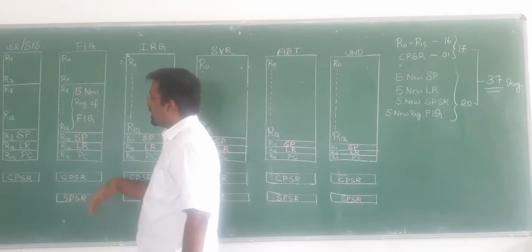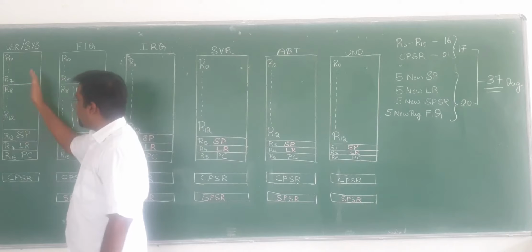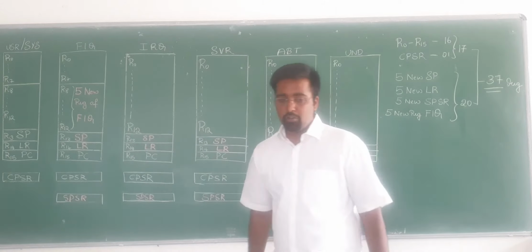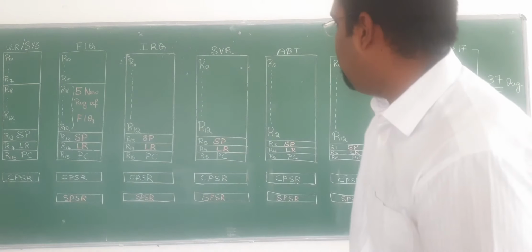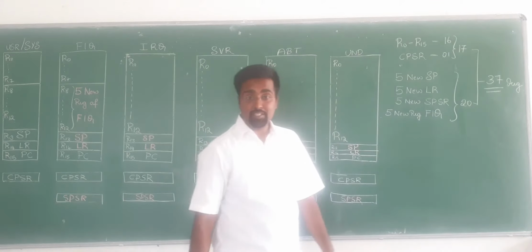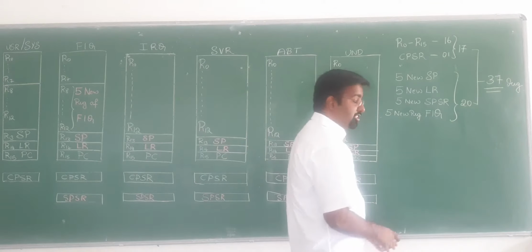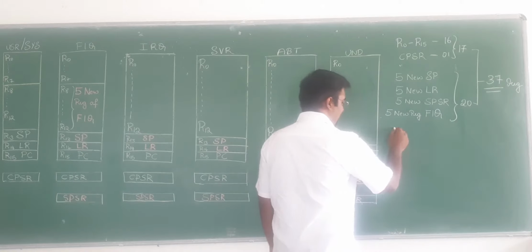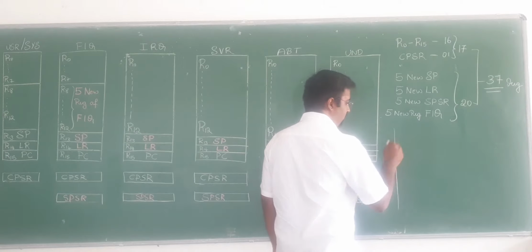We'll study user mode first. Before that I want to take up a small example. Let's say we have a system where an instruction started its execution. So an instruction starts at some point here.